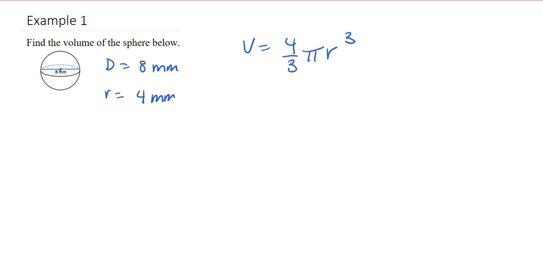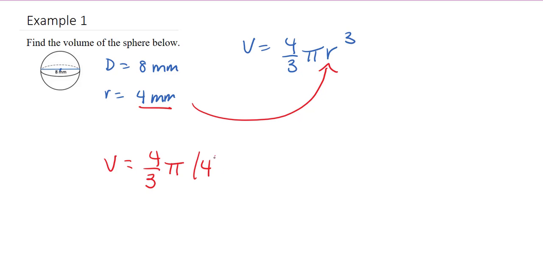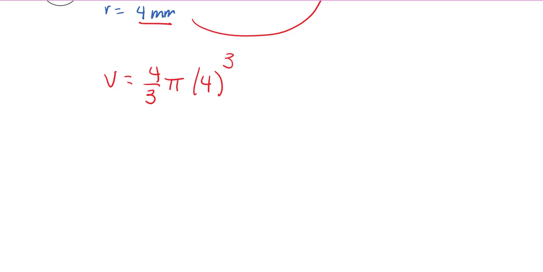So now if we plug this 4 into the r, we just get 4/3 pi times 4 raised to the 3rd power. Now, something that's really important to think about with exponents: if you have 4 raised to the 3rd power, that means you have 3 copies of 4 that you're multiplying together.